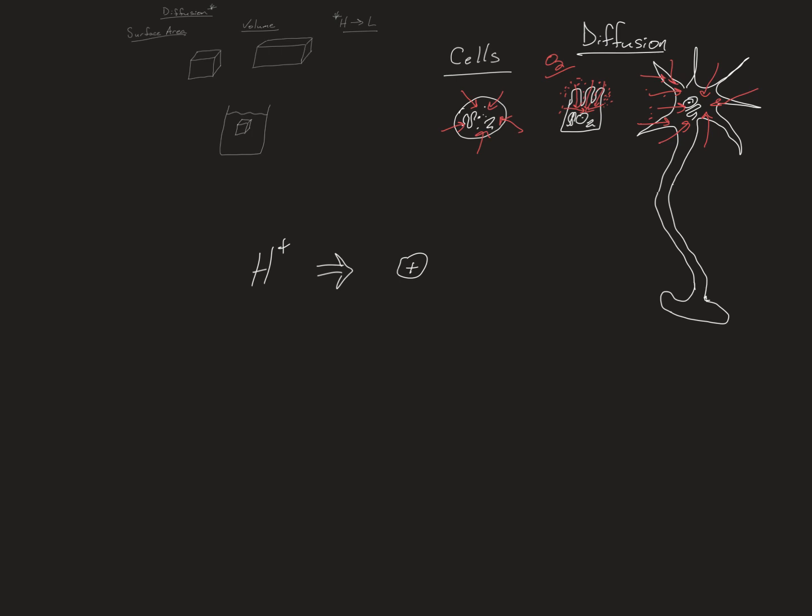Now, when you're dealing with water, H2O, naturally in dynamic equilibrium, we talked about this a lot this first quarter. You have water going from H2O to OH negative and H plus.